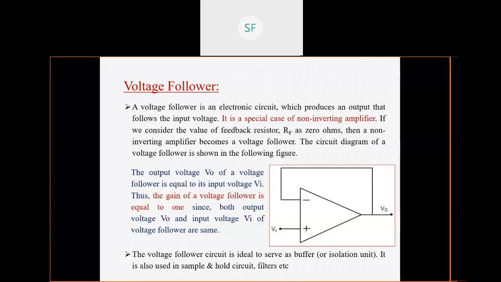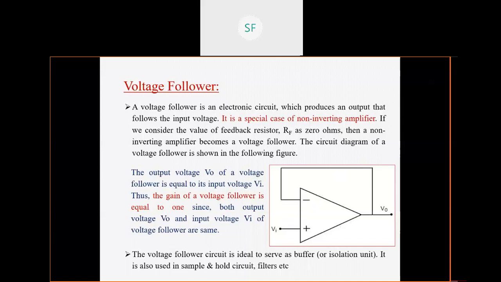Now one additional point you should remember: this feedback will always be given to the inverting terminal only. So don't get confused. This feedback shows that it is negative feedback, and negative feedback means your op-amp is working as an amplifier.